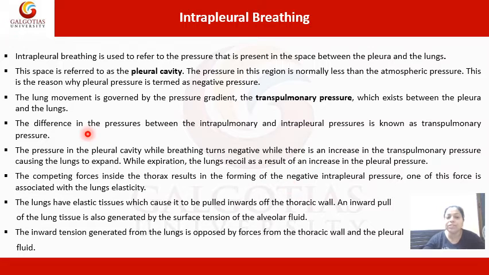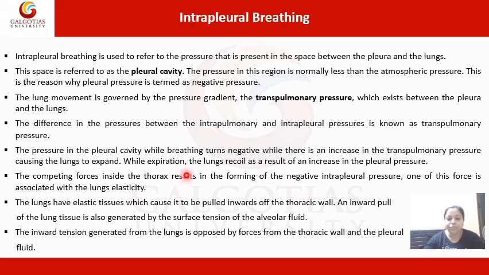So during the process of inspiration or inhalation, the pleural pressure is decreasing, but the transpulmonary pressure is increasing. But during the process of expiration or exhalation, the lungs recoil, and it causes an increase in the pleural pressure.